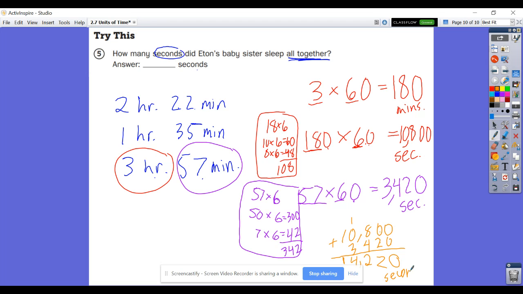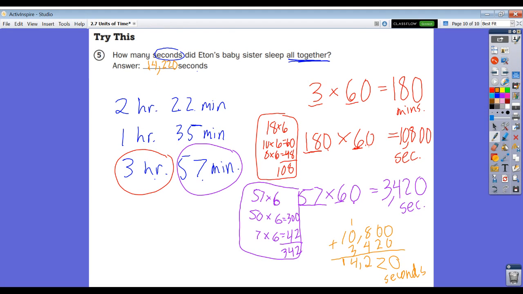Yay! And I can go satisfied to write it in my answer, write it proud, maybe put some exclamation points after it because you worked really hard to get there. That was the definition of a multi-step problem. Great work.